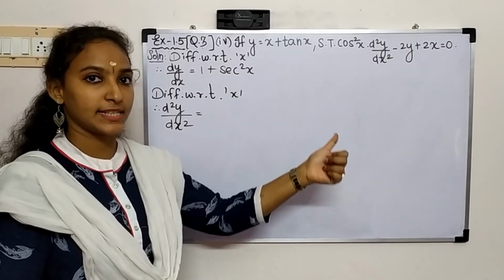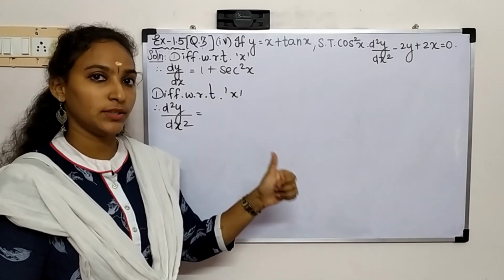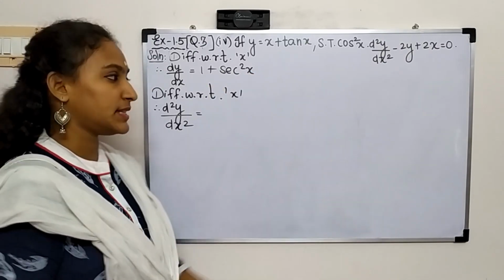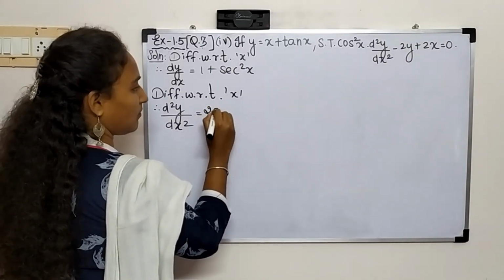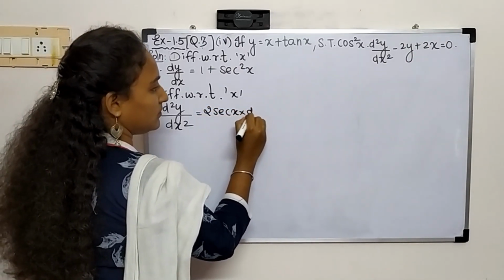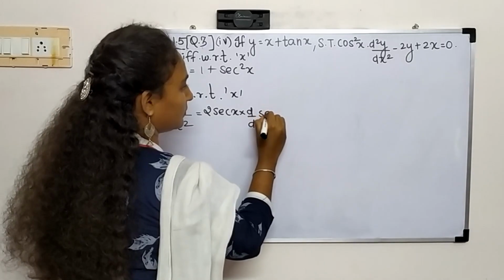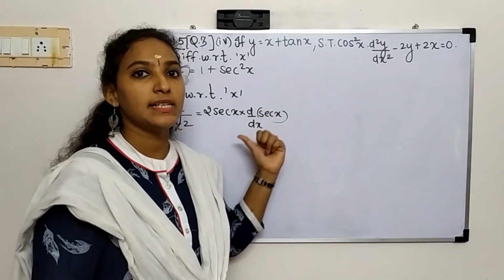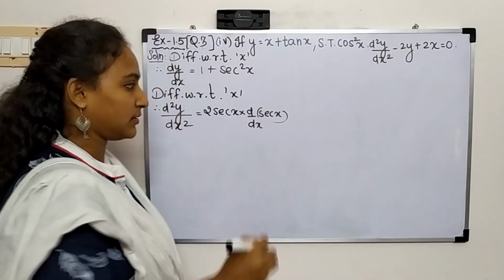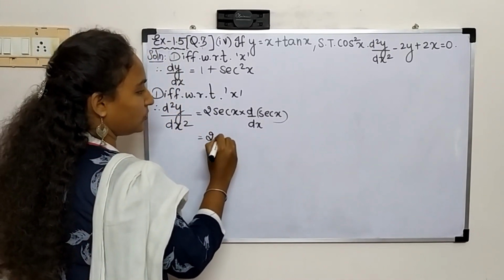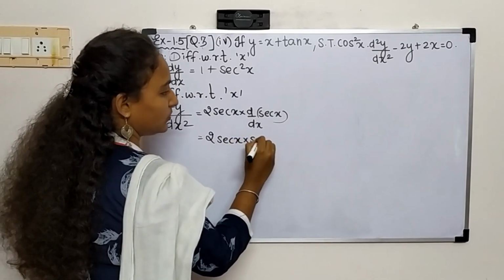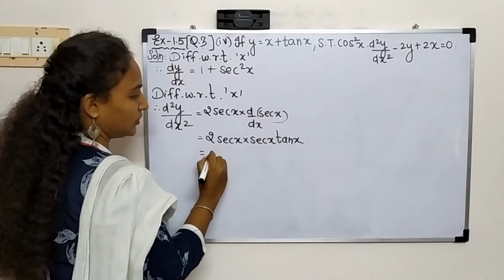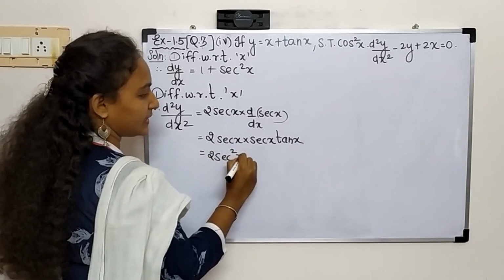Sorry, derivative of sec square x is 2 sec x into derivative of sec x. And we know that derivative of sec x is sec x tan x. So this is 2 sec x into sec x tan x, which is equal to 2 sec square x tan x.